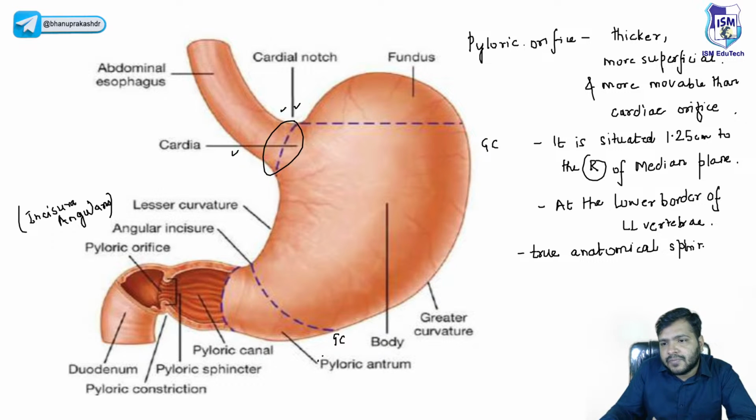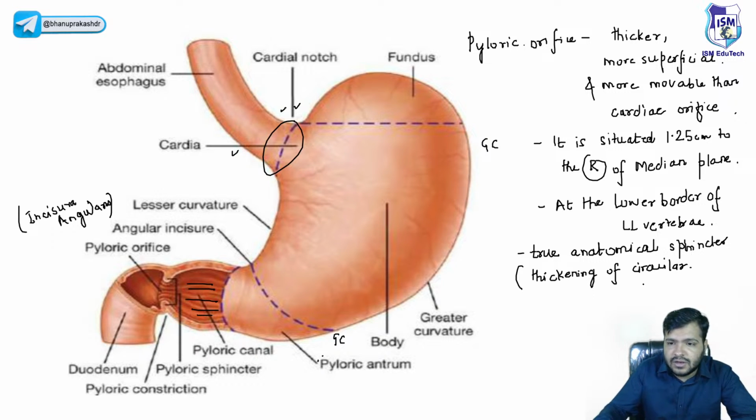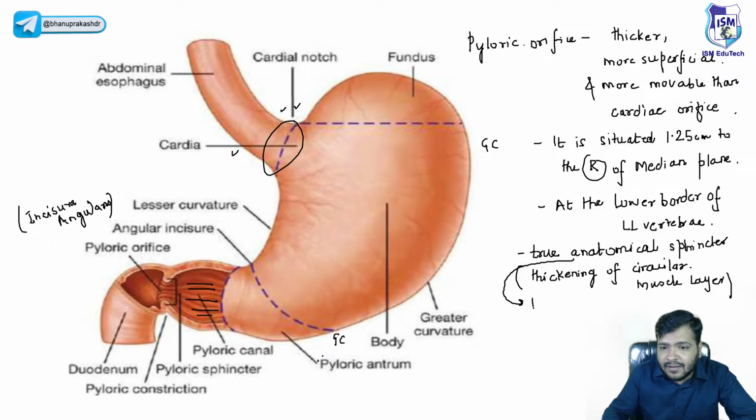Now, when I say anatomical sphincter, beta, it is the circular muscle layers which are present over here, which help in the constriction. So anatomical sphincter is the thickening of the circular muscle layer, and if the muscle layer is present, it will help in the narrowing.